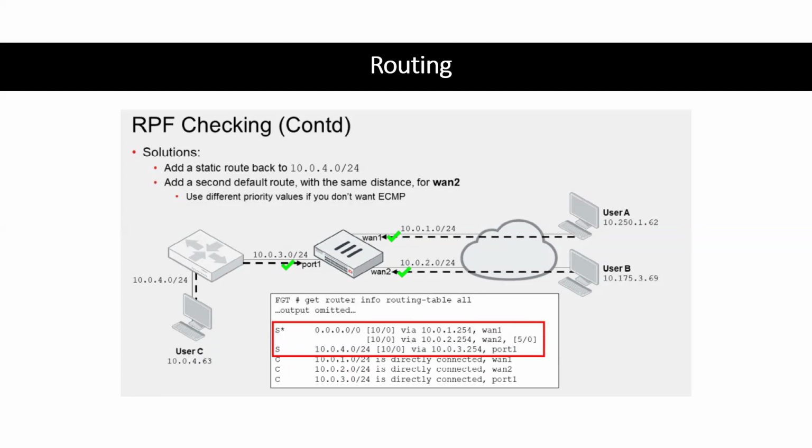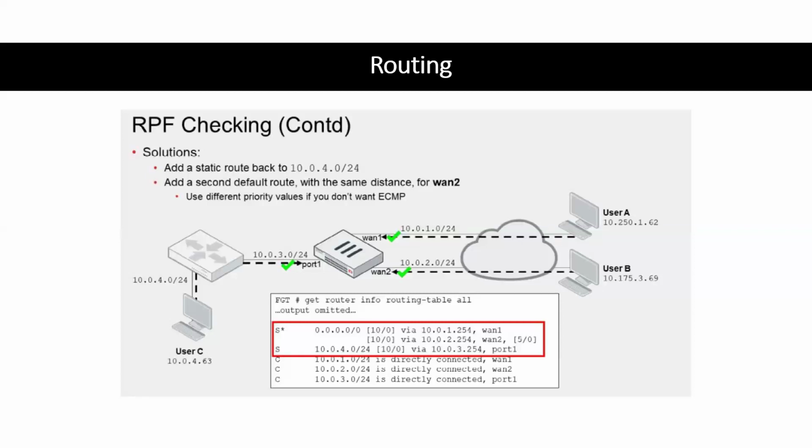So by us doing that, if user C now tries to reach out to user A, the FortiGate's going to do its RPF check and say, oh man, I see it in the routing table. Go ahead and send that traffic, right? It's checking the source because, again, it needs to. Firewalls are stateful, meaning that they follow sessions.